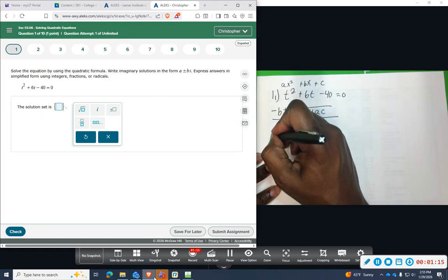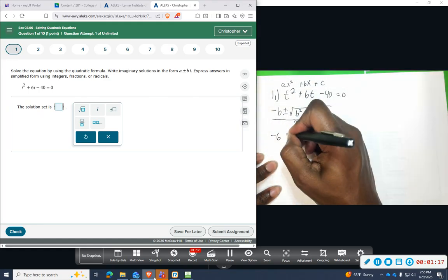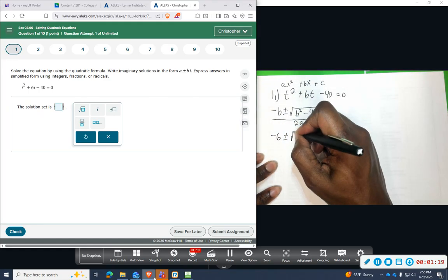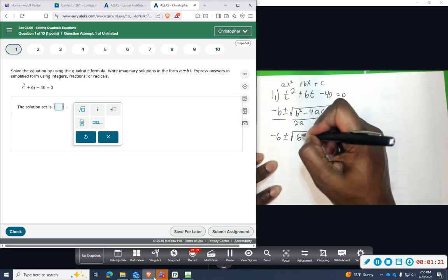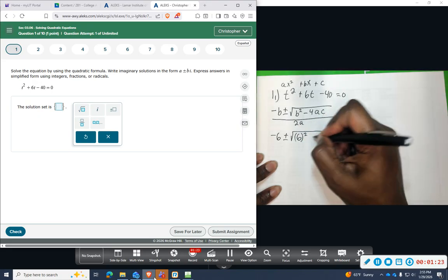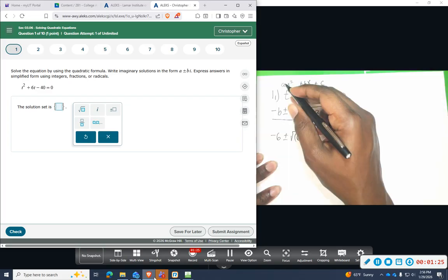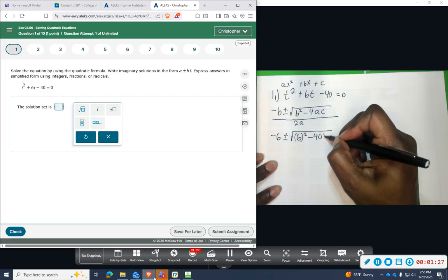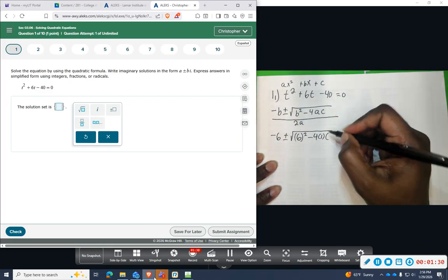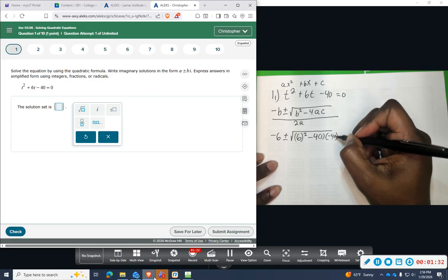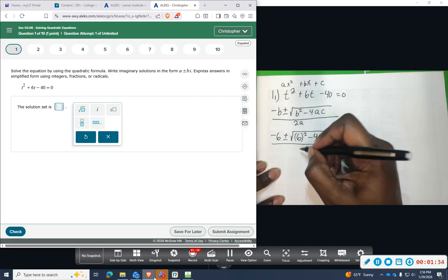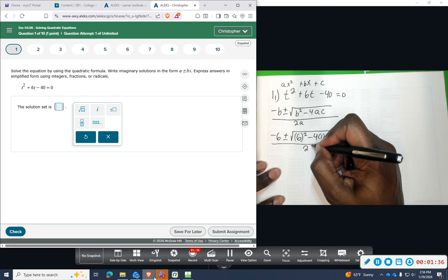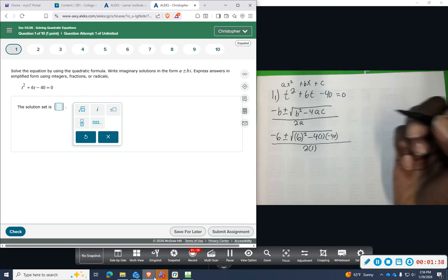We're going to have negative 6 plus or minus the square root of 6 squared minus 4 times a, which is 1, times c, which is negative 40, and then this is all divided by 2 times a, which is 1.